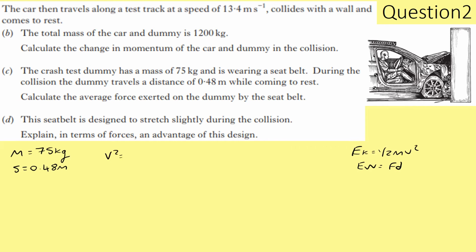So v squared is equal to u squared plus 2as. Our final velocity is rest, so that's 0, is equal to 13.4 squared plus bracket 2 times our acceleration times 0.48.